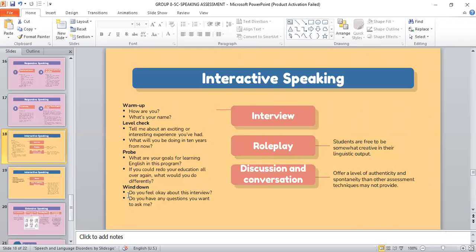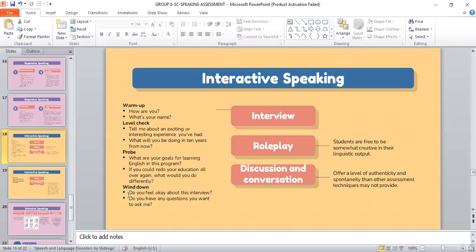Warm up is the introduction, and there is no scoring in this stage. And then level check. In this stage, the interviewer stimulates the test taker to respond using expected or predicted forms and functions. And the next is probe.